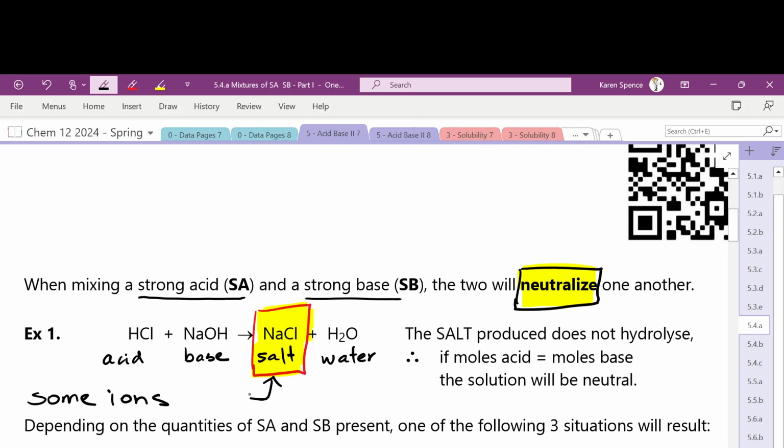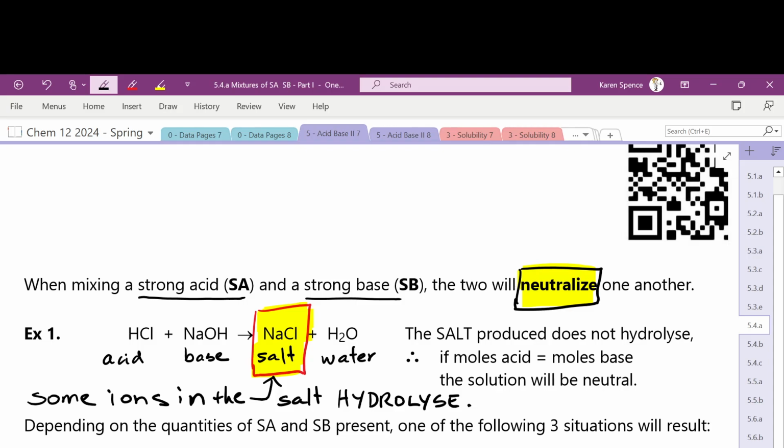Some ions hydrolyze. Some ions in the salt hydrolyze. Not all the time, but some of the time. So we don't just get to say, oh, neutralization, and then it's pH 7.